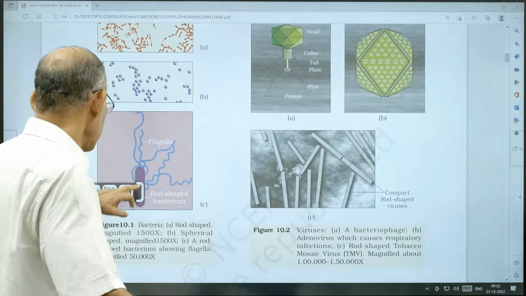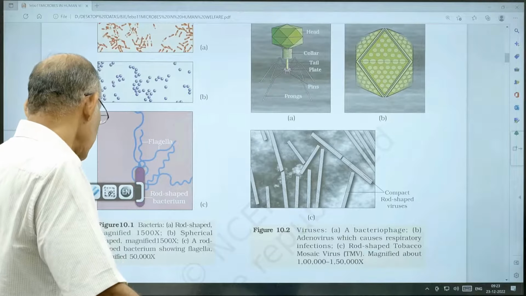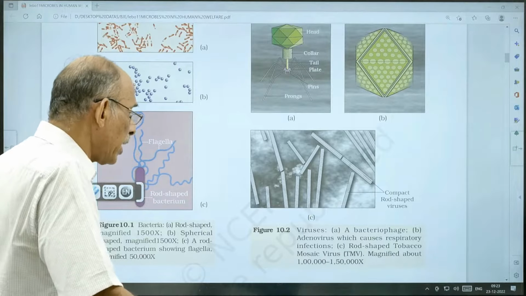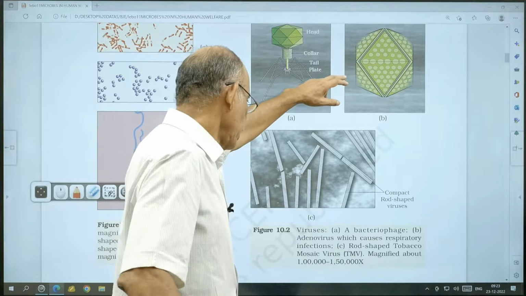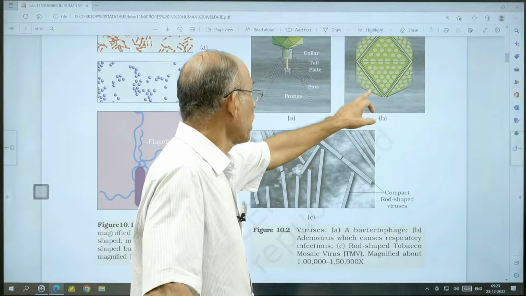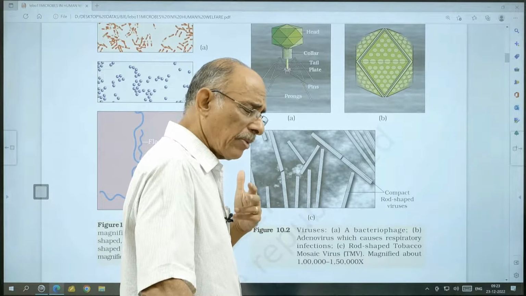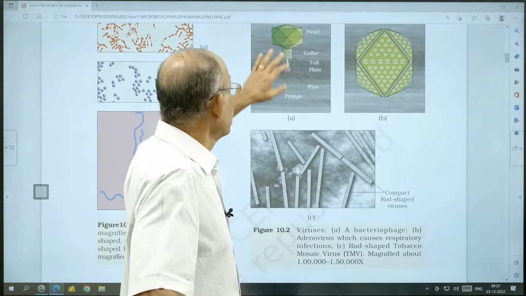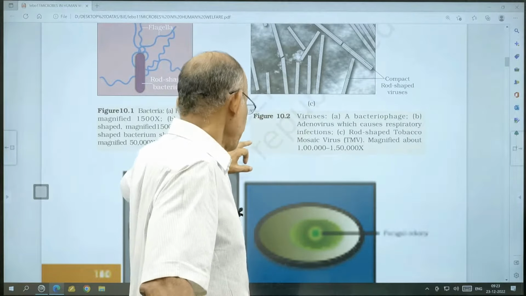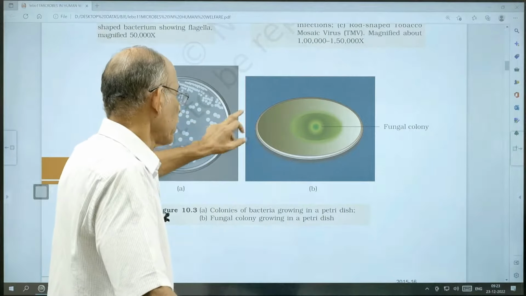This is a rod-shaped bacteria, this is a spherical bacteria, and again rod-shaped bacteria, etc. And this is adenovirus, which causes respiratory infections in children. And this, as you know, is a bacteriophage. This is our common TMV. And these are the culture plates where these microbes are grown. These are the colonies of microbes, etc.